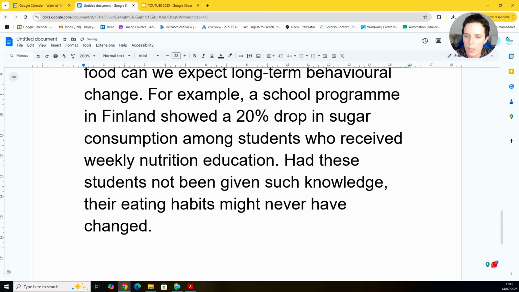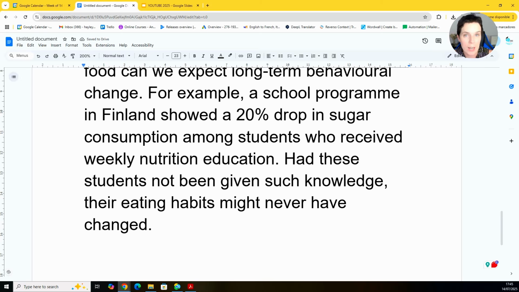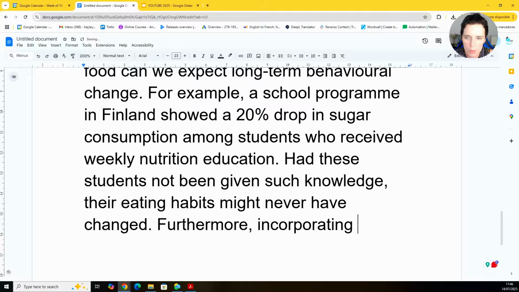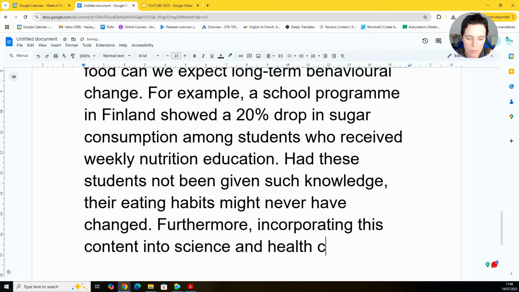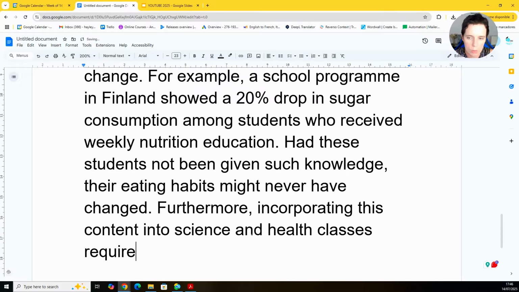Okay. And now I'm going to add a little kind of reiteration. So furthermore, again, linking word. Make sure you're using these to enhance flow. Incorporating this content, let's go, into science and health classes requires minimal investment.